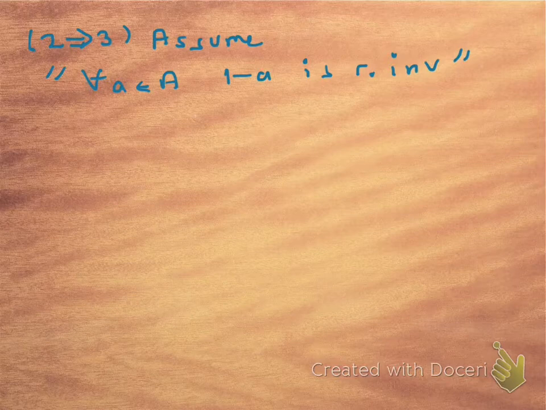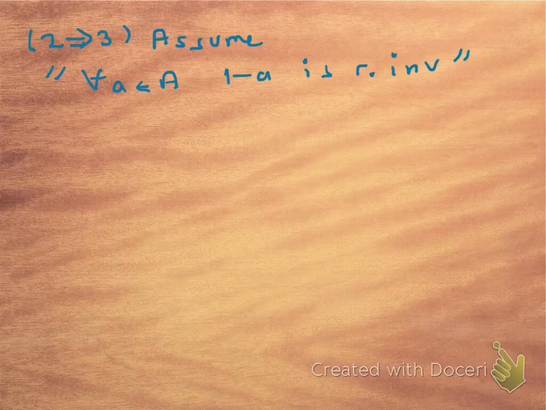Okay, as for 2 implies 3, let's remember the hypothesis in 2. For every element a of capital A, 1 minus a is right invertible. How are we going to get that 1 minus a is actually furthermore invertible?